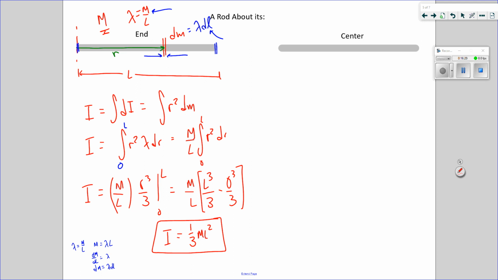Guess what the only difference here is? If we say that we are going to evaluate about the center, well, everything's the same except, yes, r squared lambda dr. Our r's now go from over here to over here.